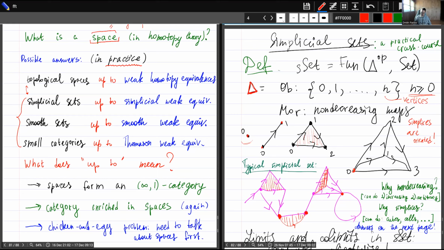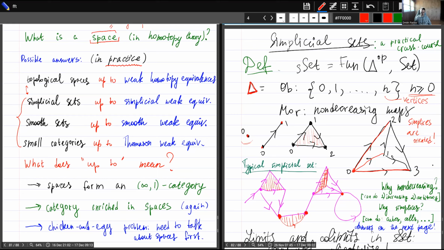And then we can look at the 3 vectors from 0 to 1, from 0 to 2, and from 0 to 3. And these 3 vectors form a basis of the 3-dimensional space.